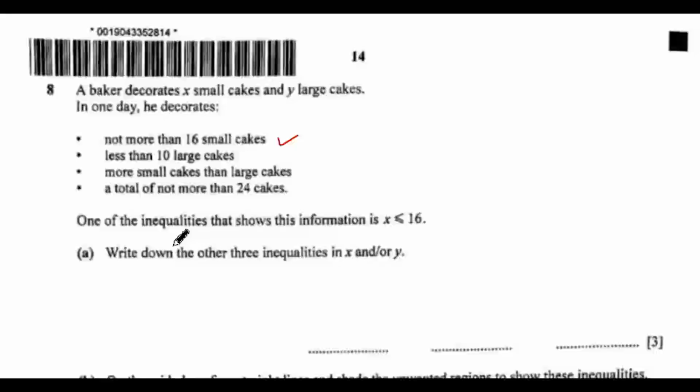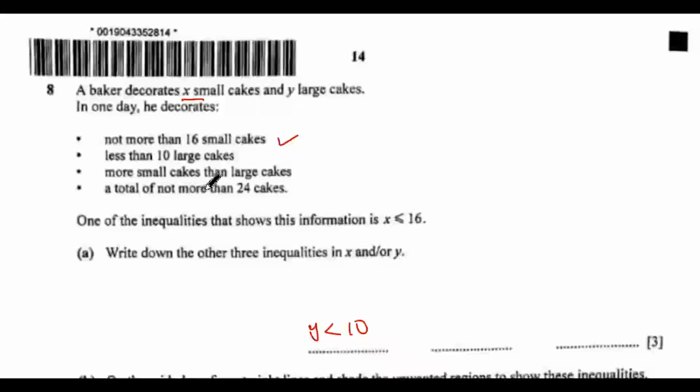Part A: write down the other 3 inequalities in x and/or y. Don't forget that x is for small cakes, y is for large cakes. For the second one, less than 10 large cakes, that would be y less than 10.